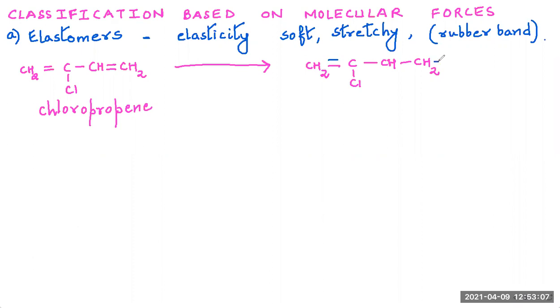So this sigma bond that I made here, it contains how many electrons? 2. Very good. One comes here and one here, isn't it? Similarly, this sigma breaks.